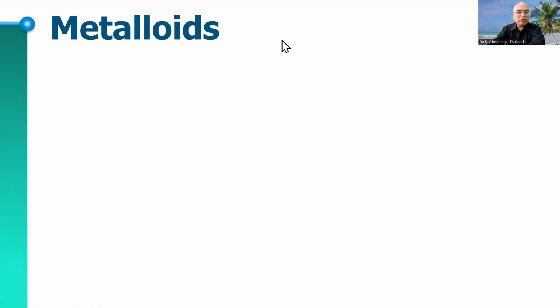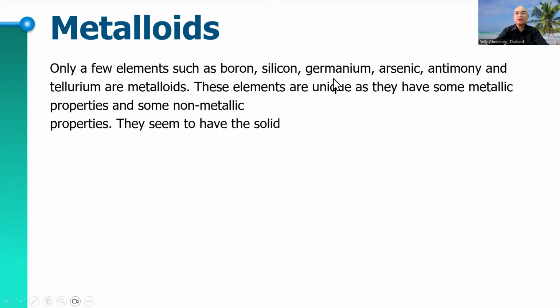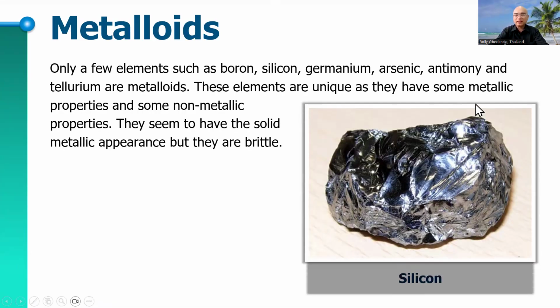Yeah, nice looking. Okay, so let's talk about metalloids. What are metalloids? Only a few elements, boron, silicon, germanium, arsenic, antimony, and tellurium, are metalloids. These elements are unique as they have some metallic properties and some non-metallic properties. They seem to have a solid metallic appearance, but they are brittle, like this silicon on the right.